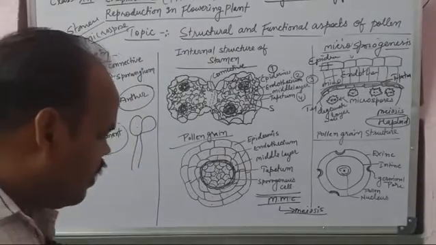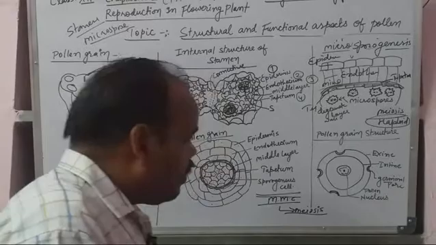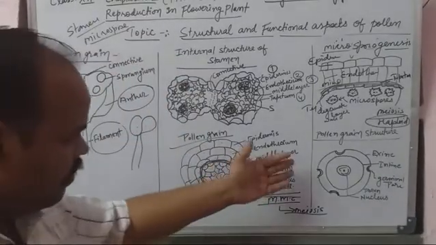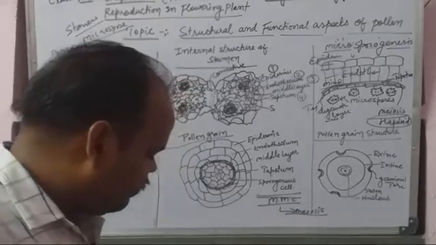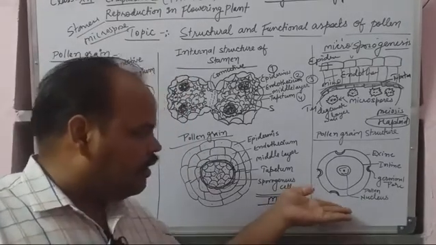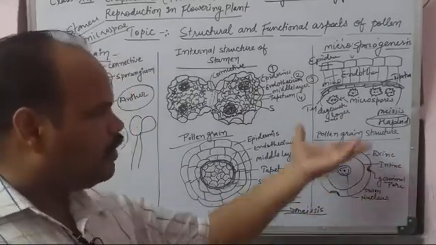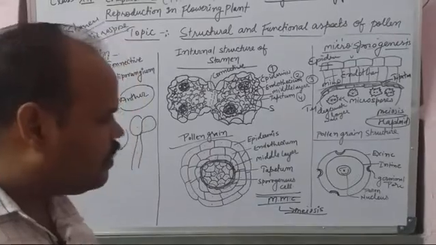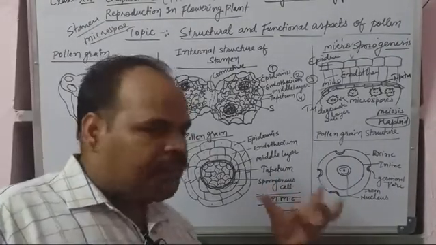Okay, now the next thing is we will discuss the pollen grain structure. First, the microspore, germinated from the sporogenous tissue, will look like a spherical part.